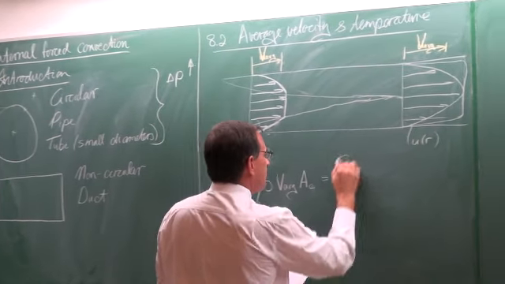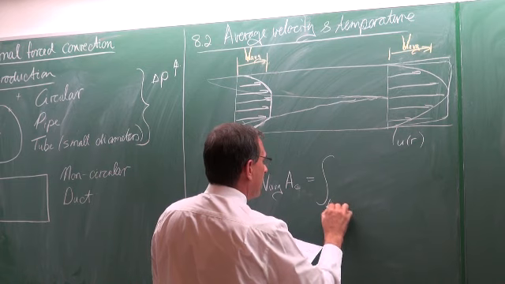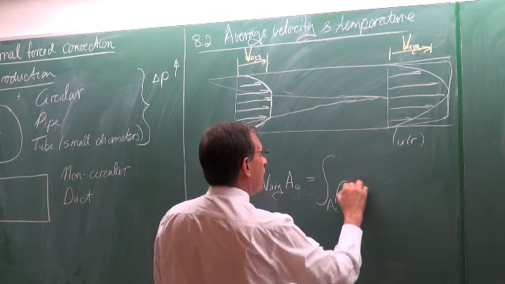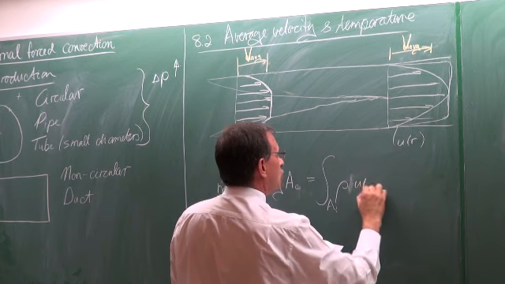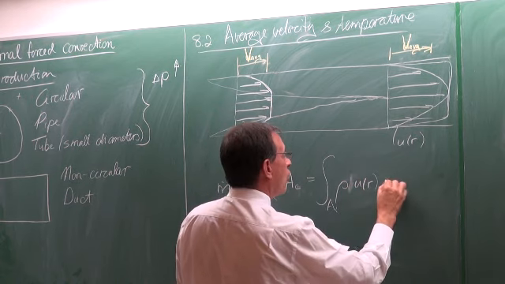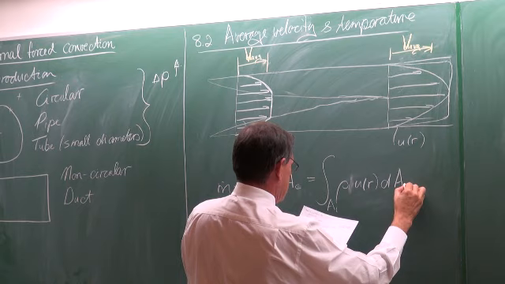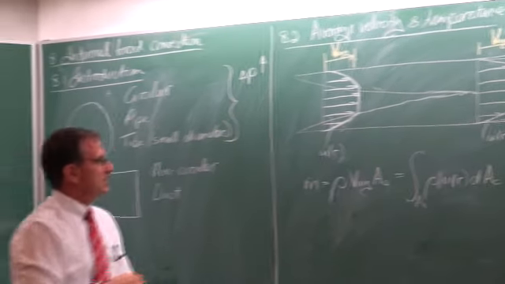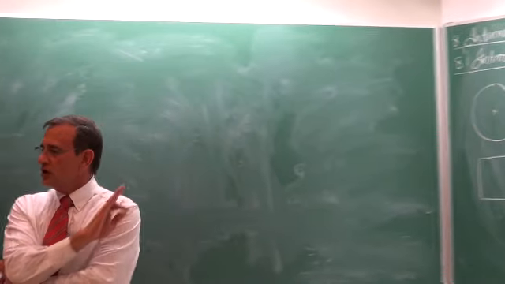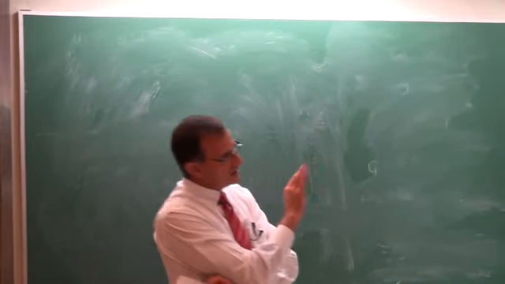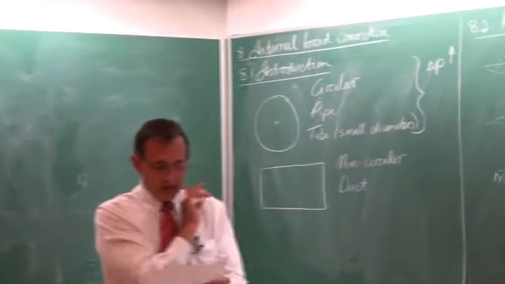or it can be written as the integral over the area of rho multiplied by U, which is a function of r, and integrate over the cross-sectional area. The details of that you can go and look in the fluid mechanics part. That is just a little bit of revision.